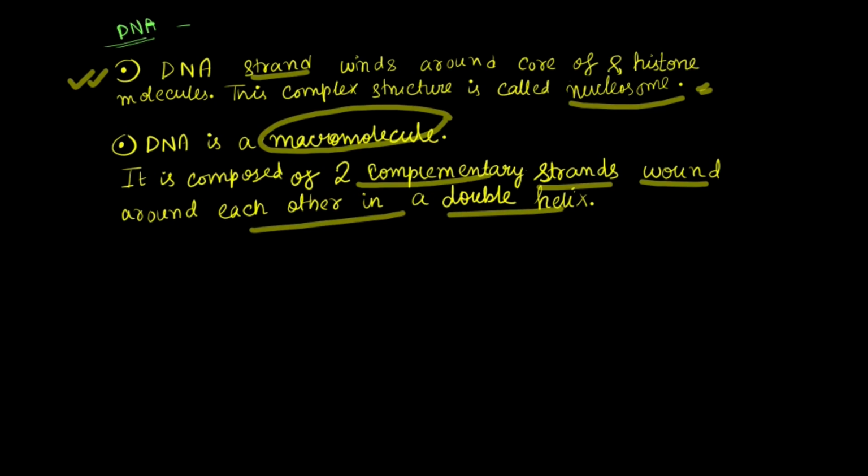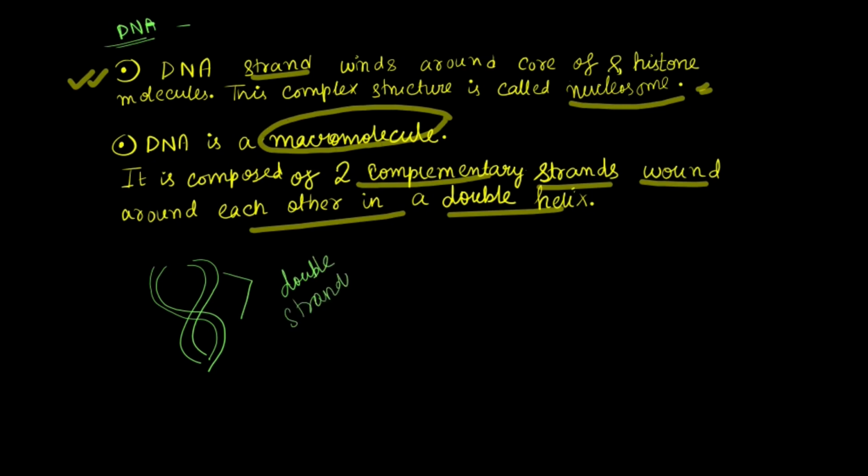Let's look into the structure of DNA. So DNA basically looks like this. One and another round. This is a double helical structure or a double helix. And these two are known as double strands.